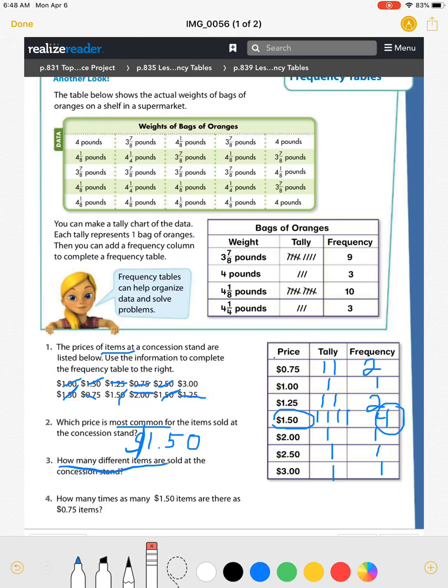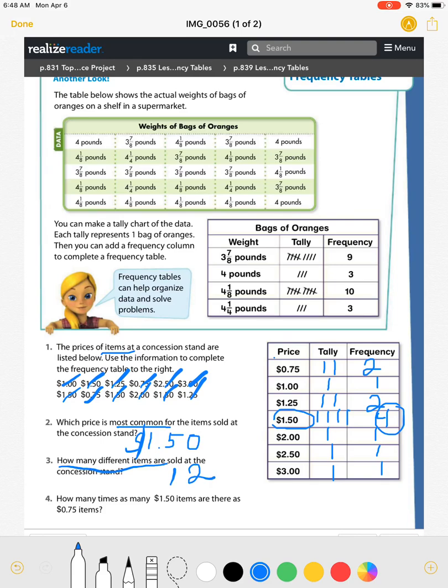I'm going to count the number of prices over here. So that would be 1, 2, 3, 4, 5, 6, 7, 8, 9, 10, 11, 12. That's 12 different items.